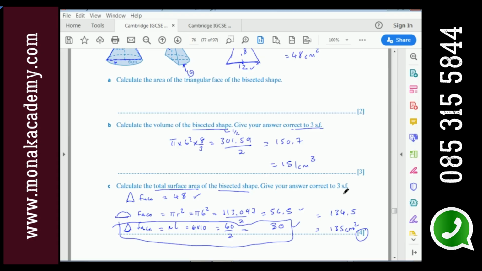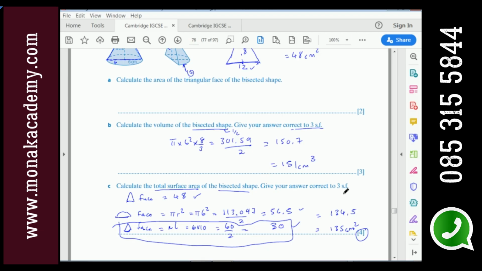So can you see? That's another way of trying to help you. Mark allocation helps you know that the work I need to do is a lot. Any question that has at least 3 or more marks, there's going to be a little bit of work involved. It's not going to be as straightforward as you want. And we did total surface area, and we talked about what it means: every side that your eye can see.